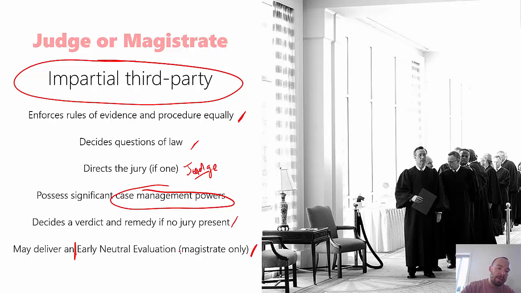There is this process that can occur in the magistrate's court called an early neutral evaluation. And like we know with the task word or the skill of evaluating, where we have to give some kind of judgment at the end of an evaluation, in the magistrate's court, generally matters over $50,000, so in that $50,000 to $100,000 range, can be ordered to go to this thing called an early neutral evaluation, and that's where a magistrate will basically look over the case, hear submissions from the parties, but do it in a bit more of an informal way.